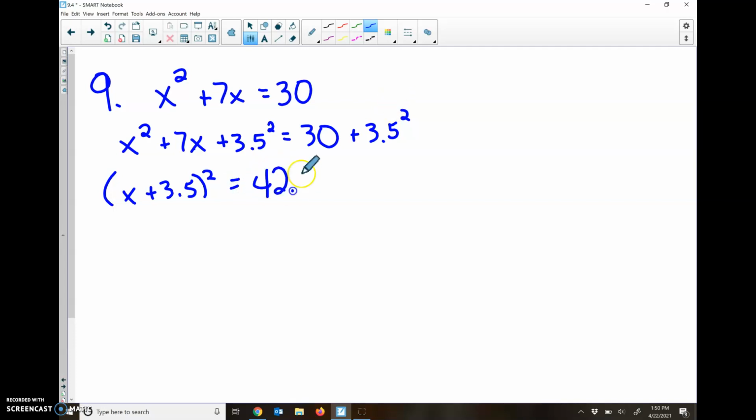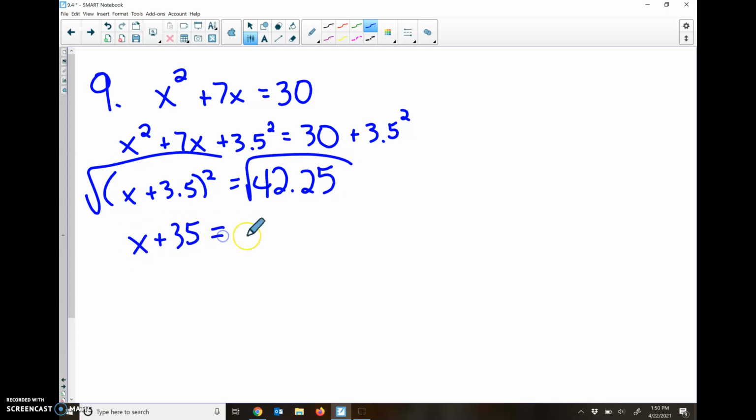So I'm left with x plus 3.5 squared equals. 3.5 squared is 12.25. 30 plus 12.25 is 42.25. So I'm going to take the square root of both sides. So I'm just left with x plus 3.5. And luckily, the square root of 42.25 isn't horrible. It's 6.5. But remember, it's positive 6.5 and negative 6.5.